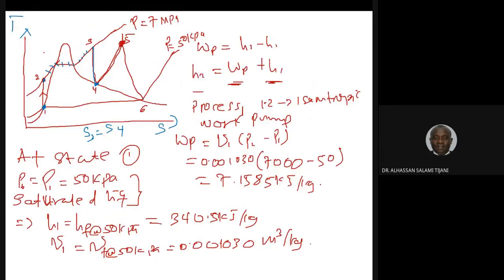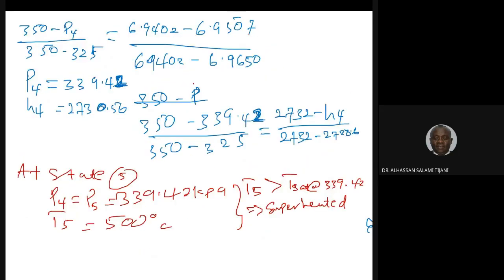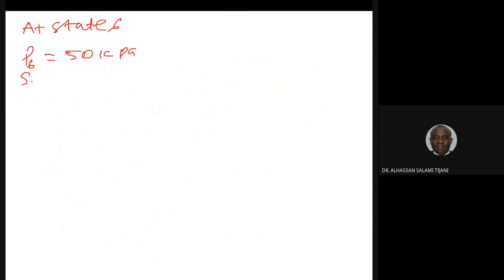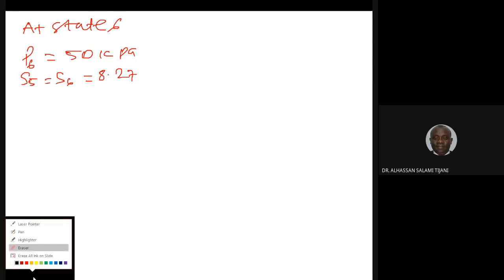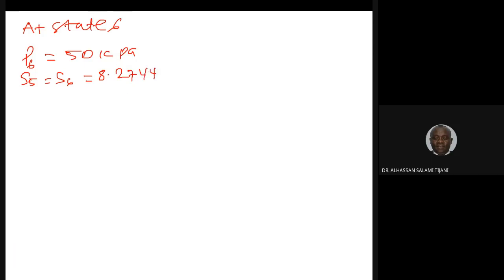And S6 equals S5, which gives me 8.2744 kilojoules per kilogram per Kelvin. Then we also need to determine the enthalpy at this state.